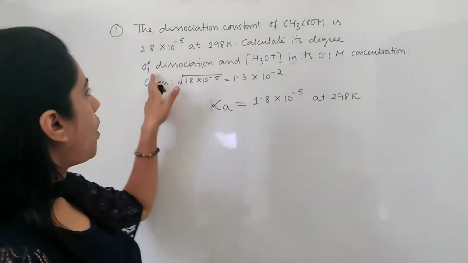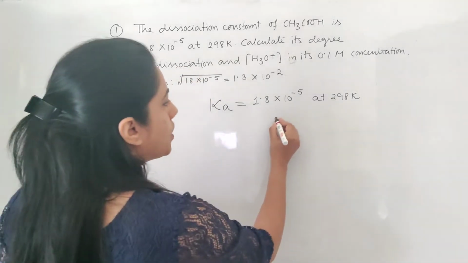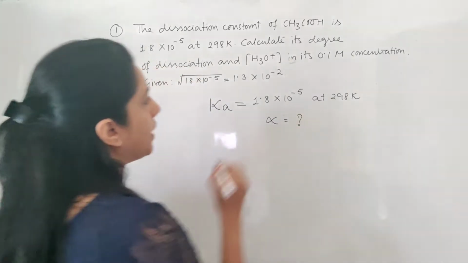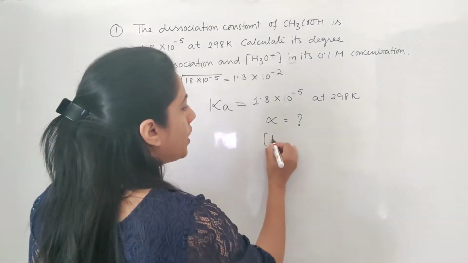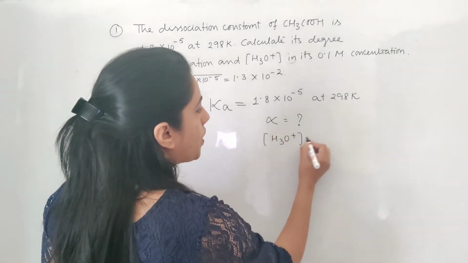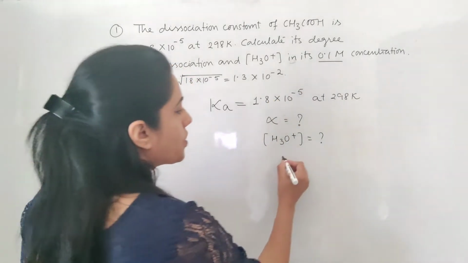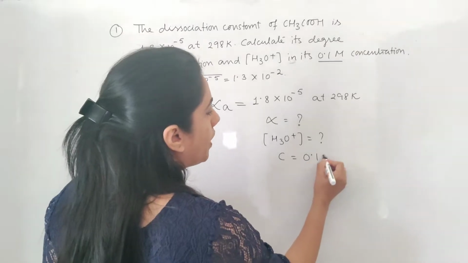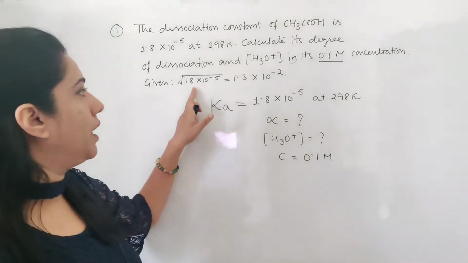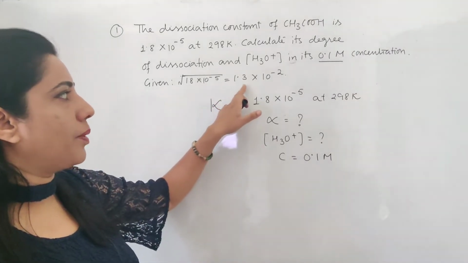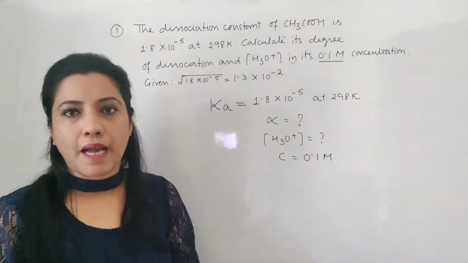Calculate its degree of dissociation, which is denoted by alpha, and the H3O plus concentration in its 0.1 molar concentration. Also it is given that root over of 18 into 10 raised to power minus 5 is equal to 1.3 into 10 raised to power minus 2. This particular value we are going to use for some calculation.